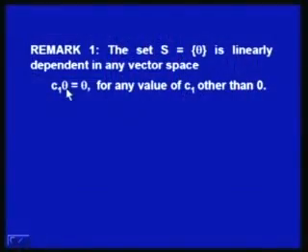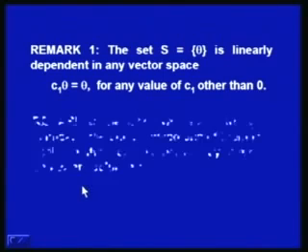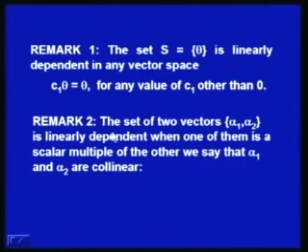You can see that C1 times the null vector theta is equal to the null vector for any value of C1 other than 0. So a non-trivial solution for this equation exists, and that is why this set is always linearly dependent.